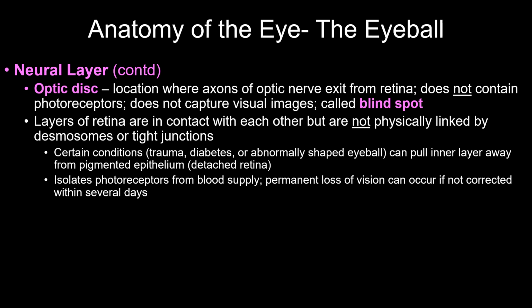This is a condition commonly known as a detached retina. And this isolates the photoreceptors from their blood supply, so this is a very, very serious condition. Permanent loss of vision can occur if it is not corrected within several days.